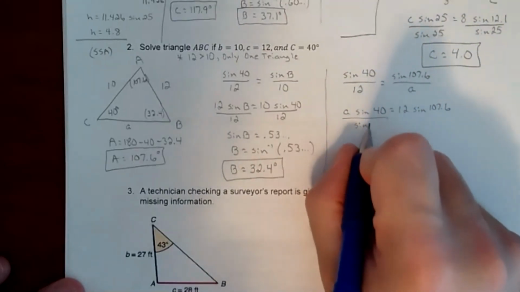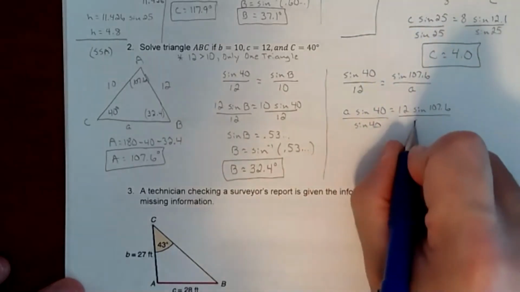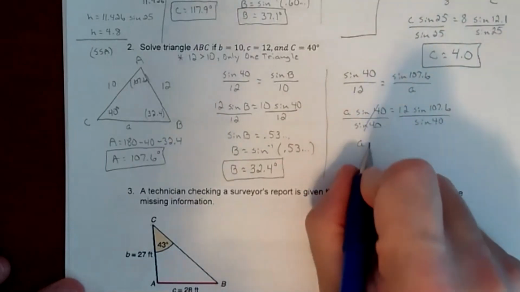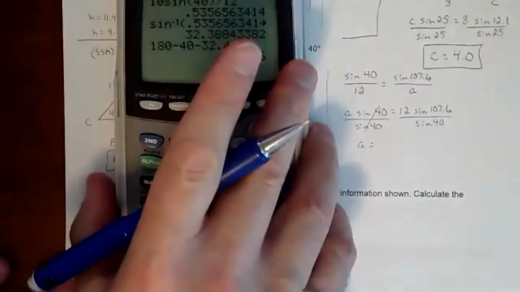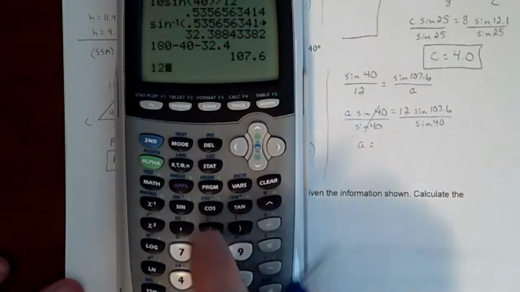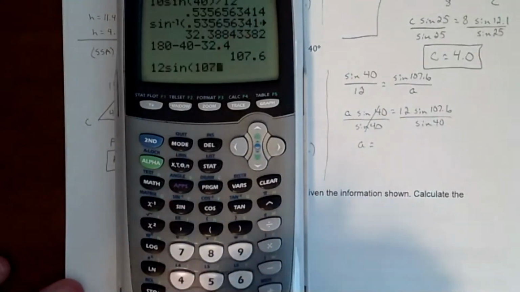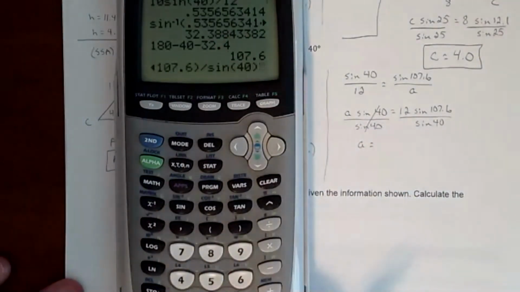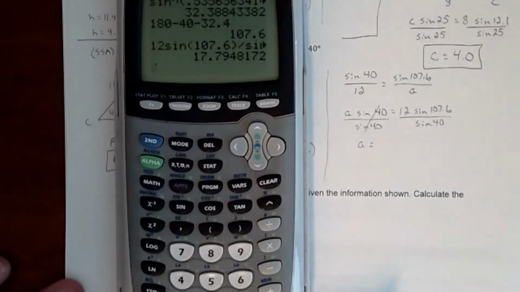Divide by sine of 40. A is, I don't know, but it should be my biggest side. 12 sine 107.6 divided by sine 40. So 17.8.